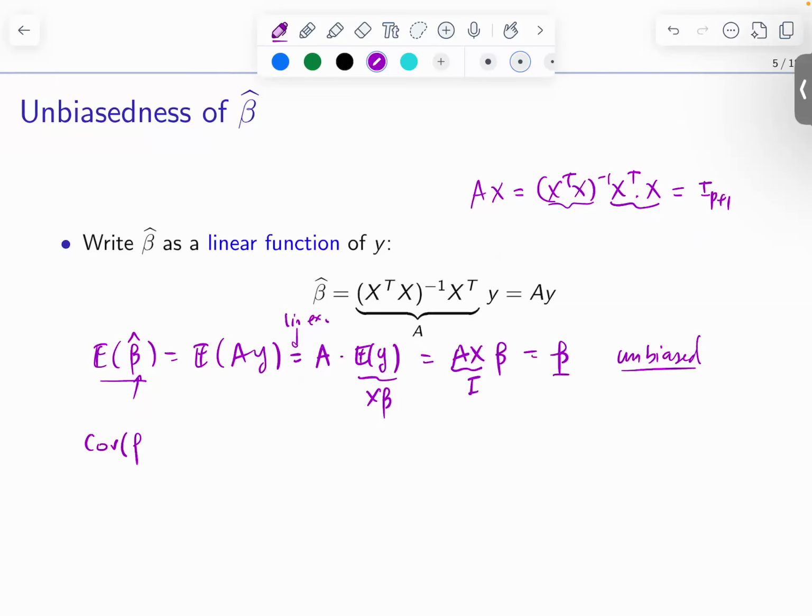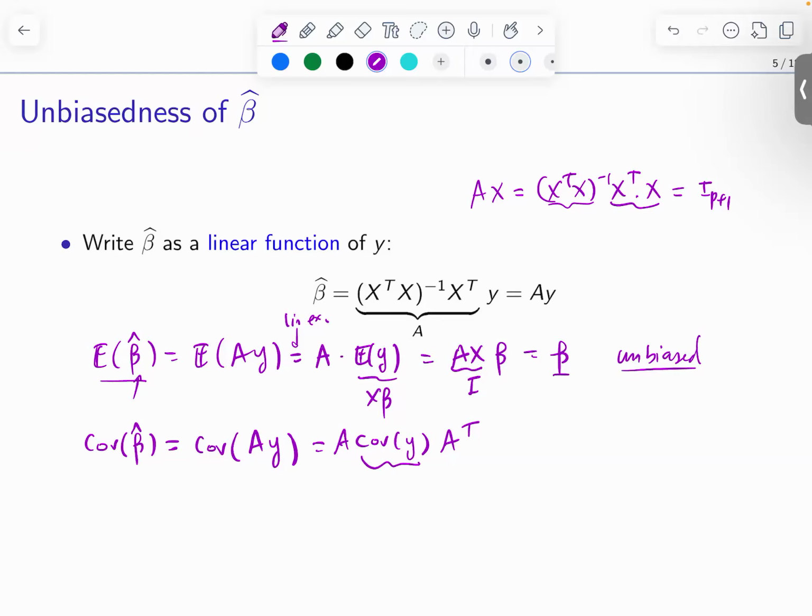So the covariance of beta hat is going to be more interesting. Let's do the covariance of AY. What is this one? It'd be A times the covariance of Y times A transpose. Yes, great. This is the formula that we had for the covariance of a linear transformation.